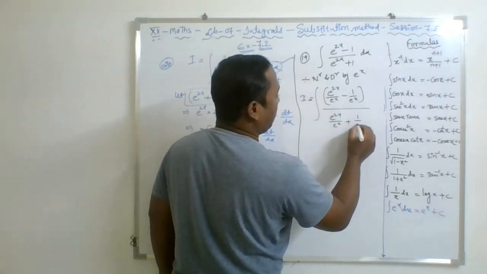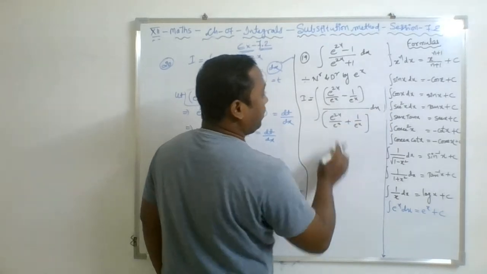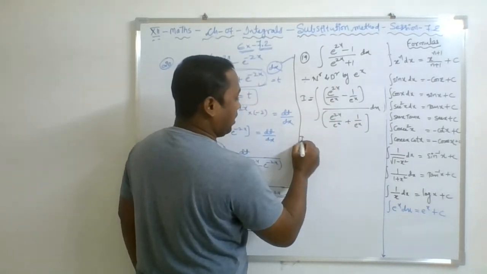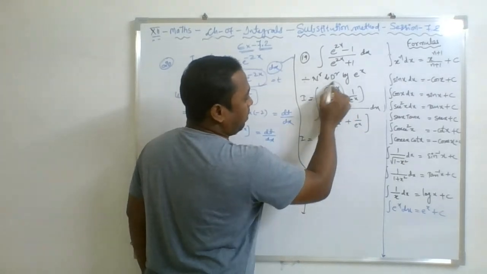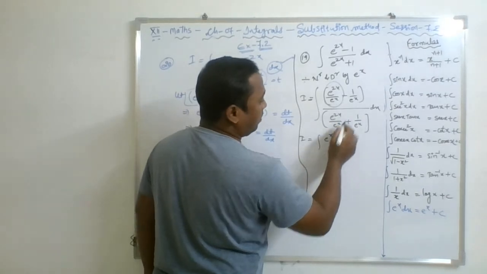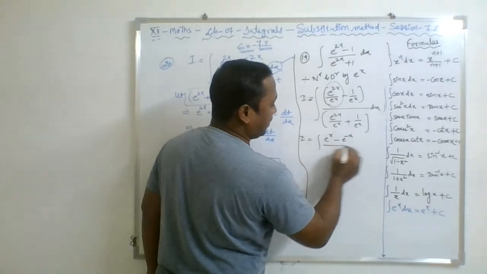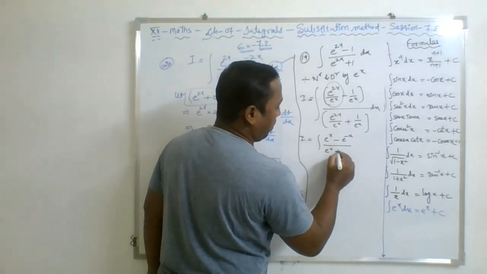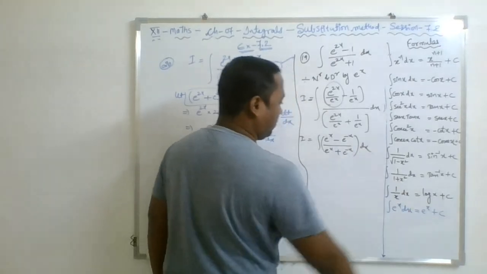I am dividing the numerator and the denominator with e power x. So here the powers are subtracted. It becomes e power x, and the reciprocal 1 by e power x is written as e power minus x. Similarly, e power x plus e power minus x dx.